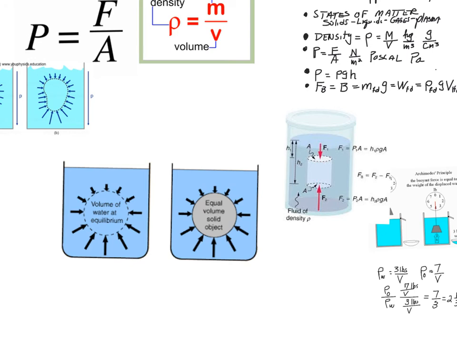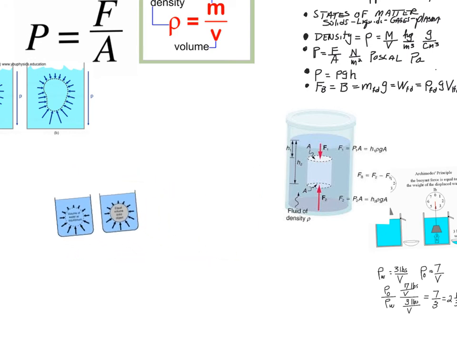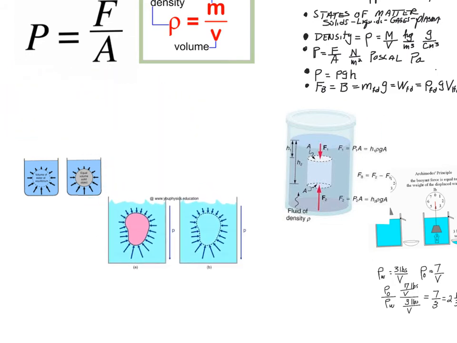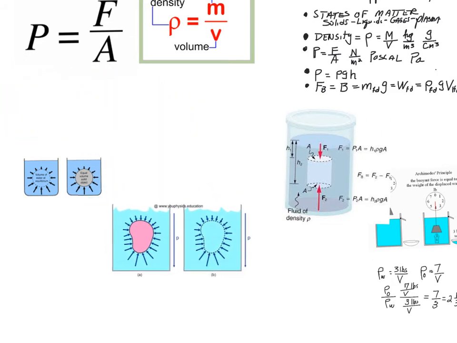And it doesn't matter, really, whether the object is round or has any shape. If we take this object and we look at it, it's going to be the same way. This is immersed in water. The pressure at the top pushing down is going to be less than the pressure at the bottom pushing up.